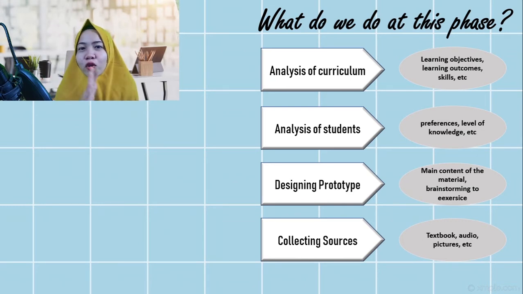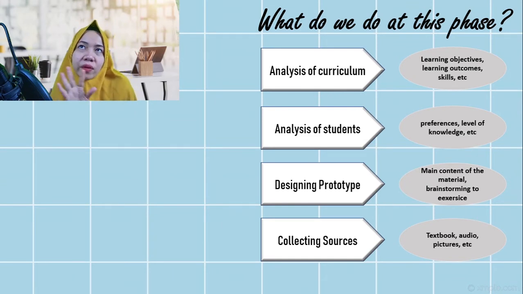So you cannot go outside of the curriculum. You have to follow the curriculum because it's your base. So you have to identify the standard competency, basic competency, learning objectives, and learning outcomes. You have to know what kinds of outcomes this curriculum wants.